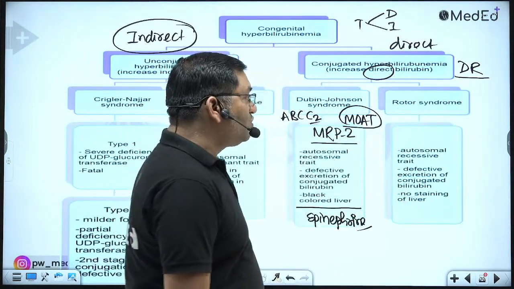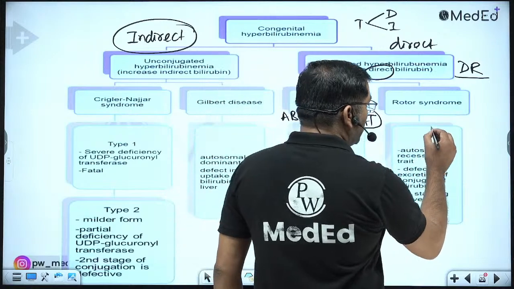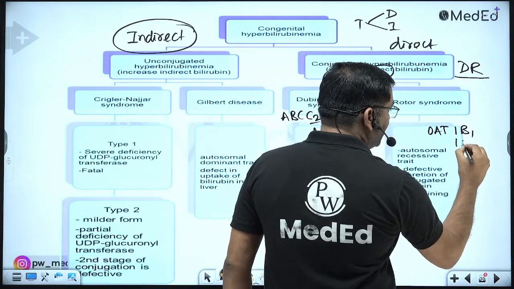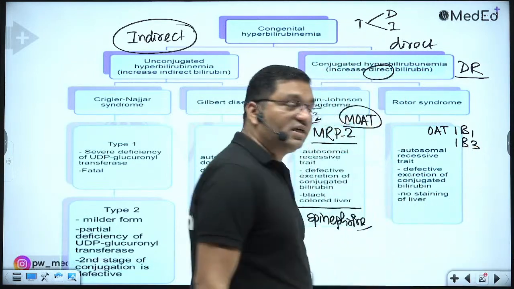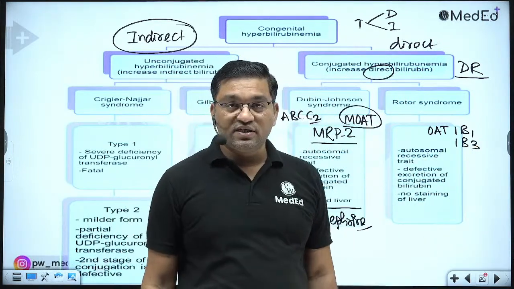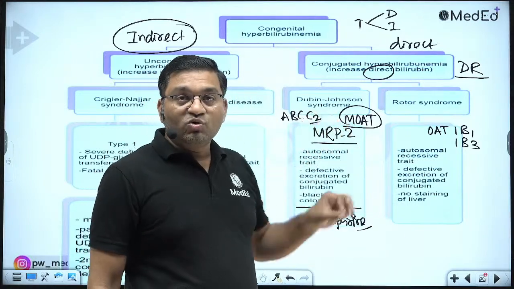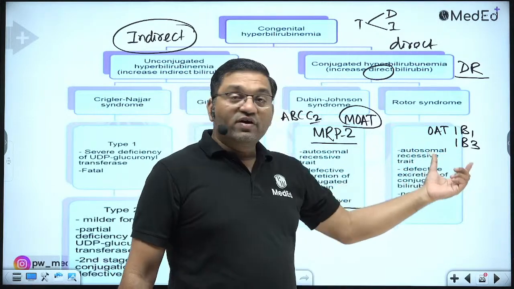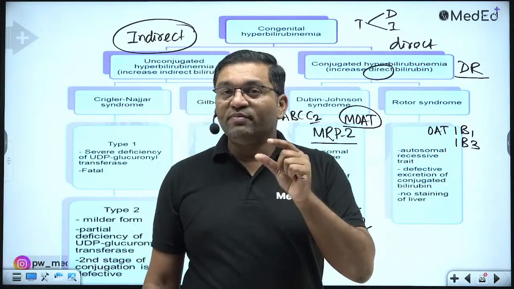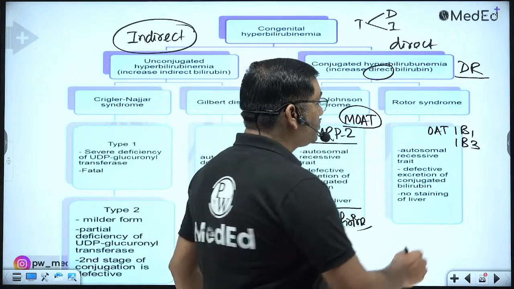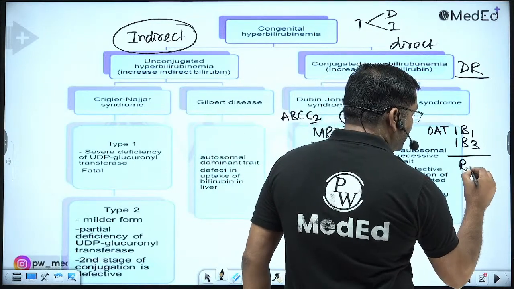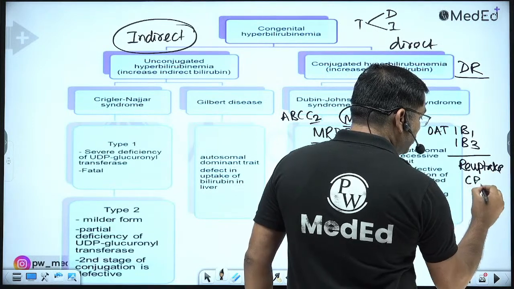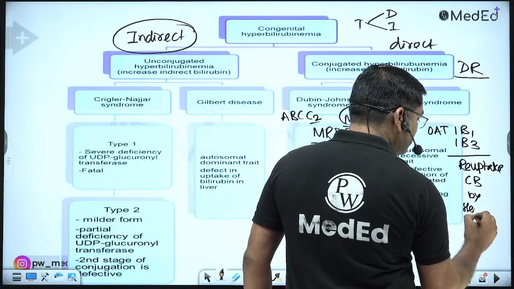This is due to mutation in organic anion transporter 1B1 and 1B3. This is required for reuptake of conjugated bilirubin by the hepatocytes.